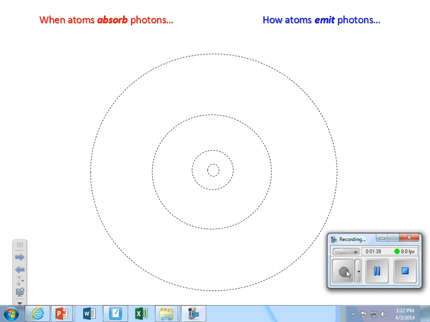Or we say that orbital radii / energies are quantized. There can only be specific allowable values of. That's what quantized means. There are only specific allowable values of.